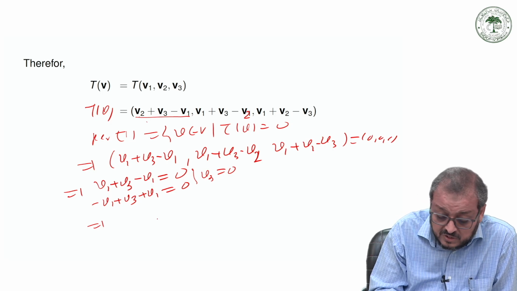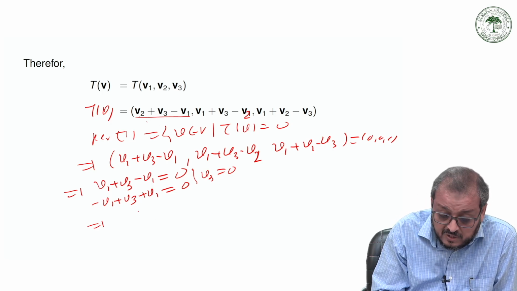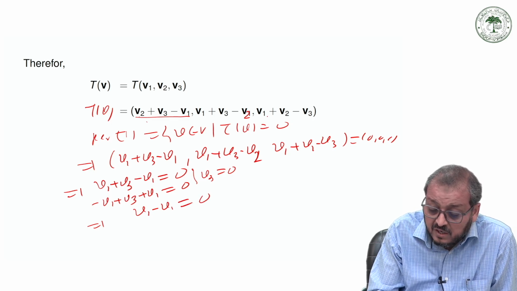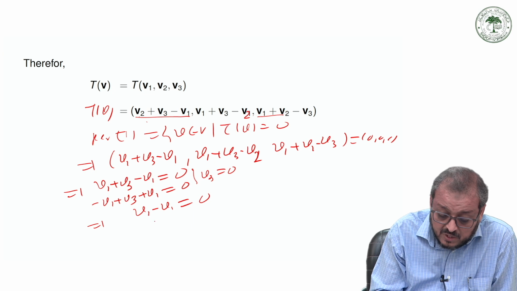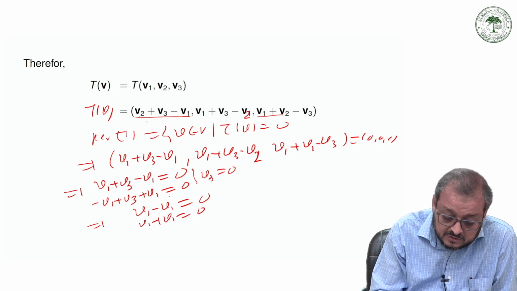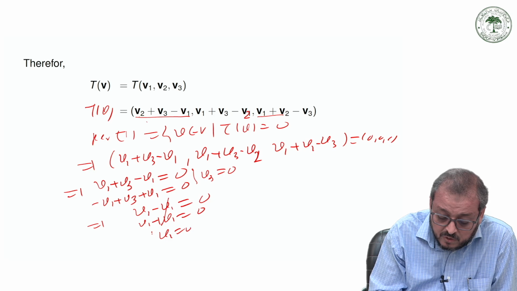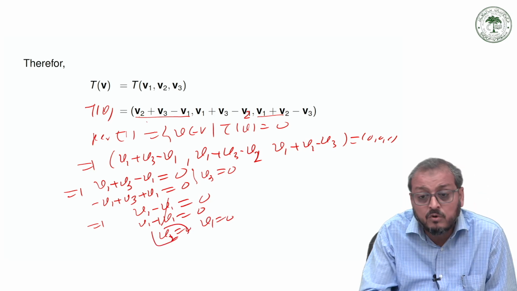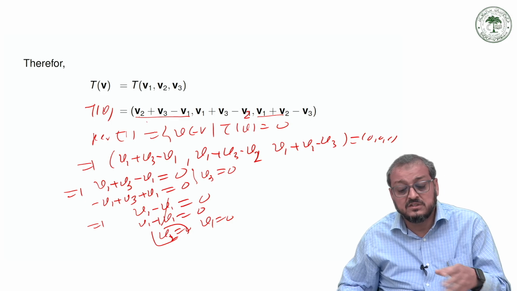Now, substituting V3 equal to 0 here, we take V2 minus V1 is equal to 0, and V1 plus V2 is equal to 0. So, this cancels out. So, V2 is equal to 0, and substituting here, V1 is equal to 0. So, all the scalars, these vectors, are equal to 0.